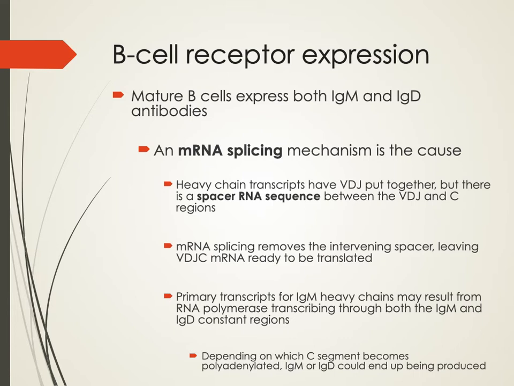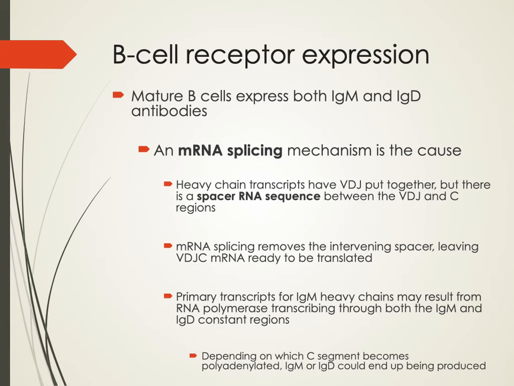With mRNA splicing, we have removal of this intervening space, and that's going to leave the VDJC mRNA ready. So mRNA splicing eliminates that space in between our VDJ and C region, so that it is now together. And we'll see this in our next slide.